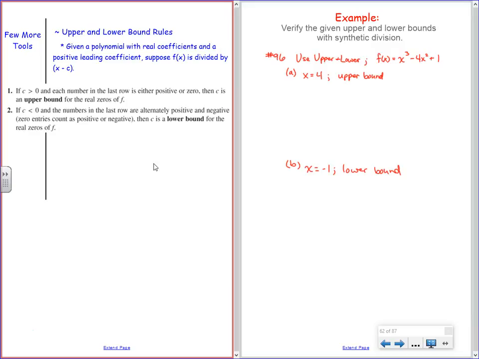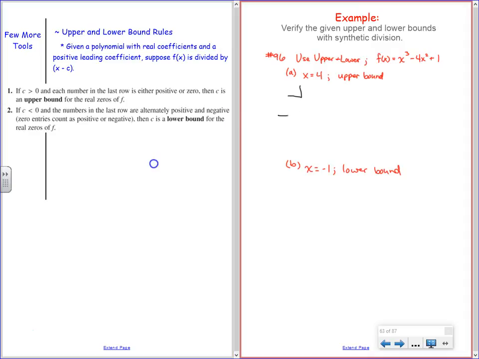And basically it says, look at the answer in synthetic division when you plug in the number that you're looking at. So you're just doing synthetic, you're chilling, you're going along. An upper bound is always going to occur when you do synthetic. 192, right?